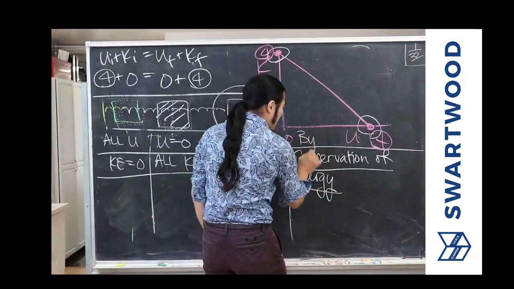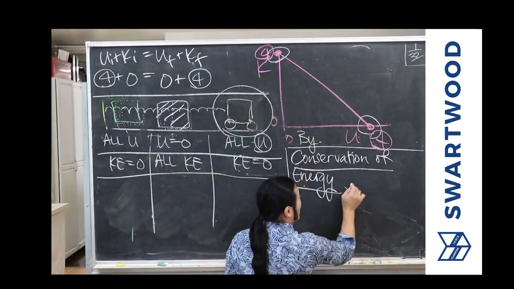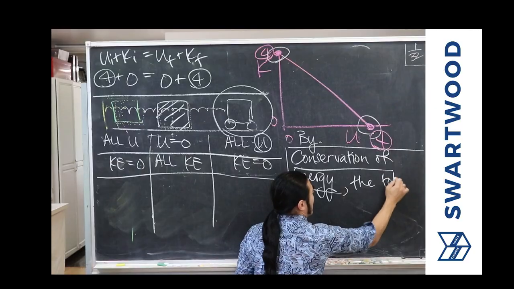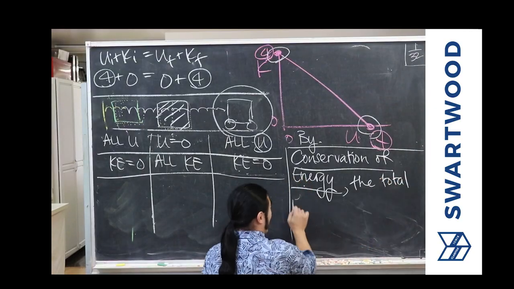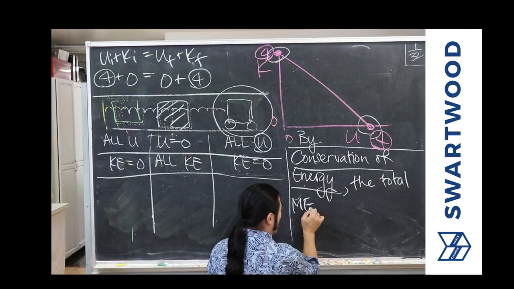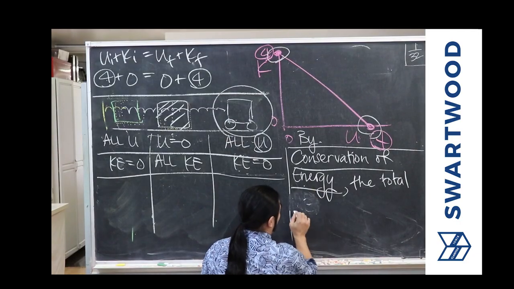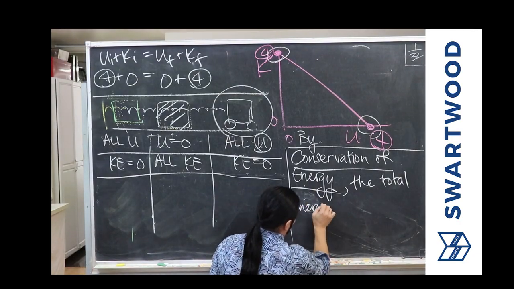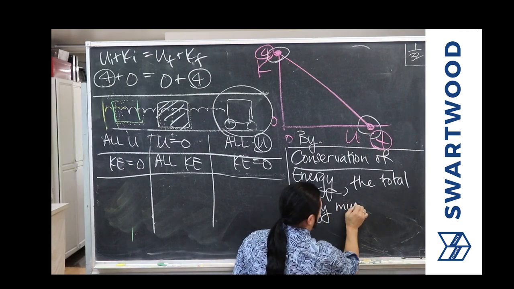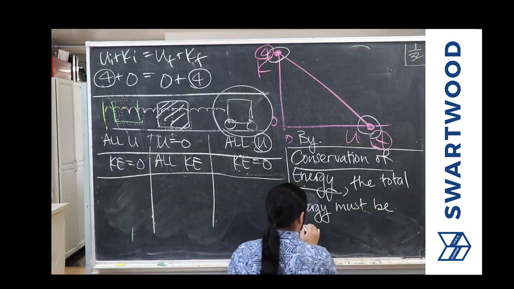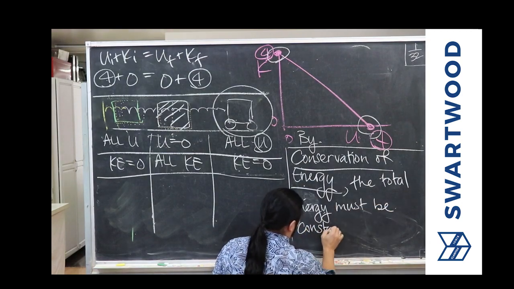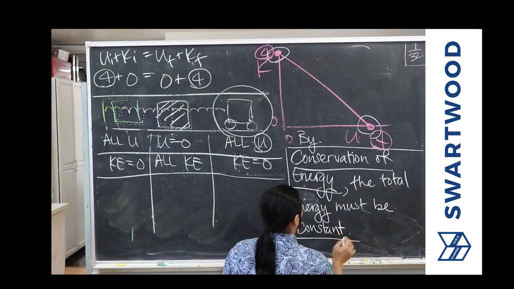So by the conservation of energy, the total, I'm going to abbreviate because I don't have room, mechanical energy. So this is mechanical energy, right? You know, I'll write energy. Must be constant. Okay?